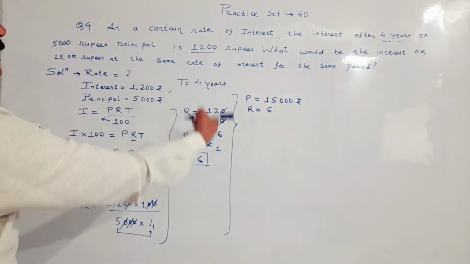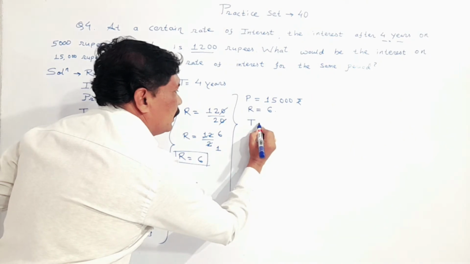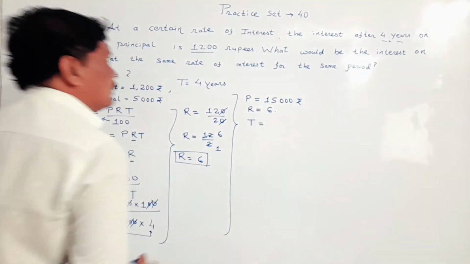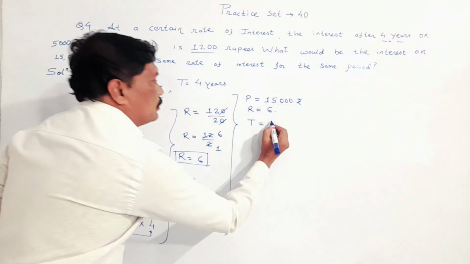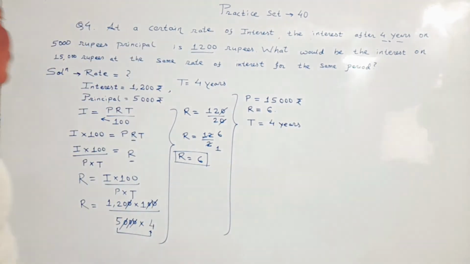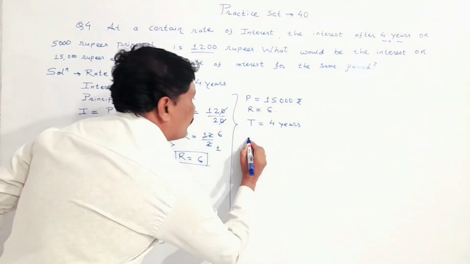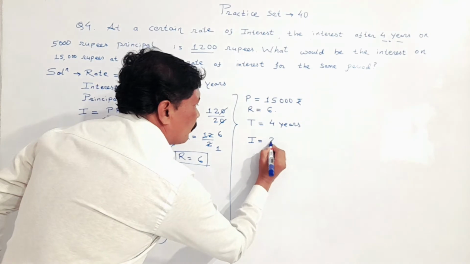Same rate of interest for the same period, and T, that is time which is given, is the same. So what? 4 years. What would be the interest? So we have to find out.